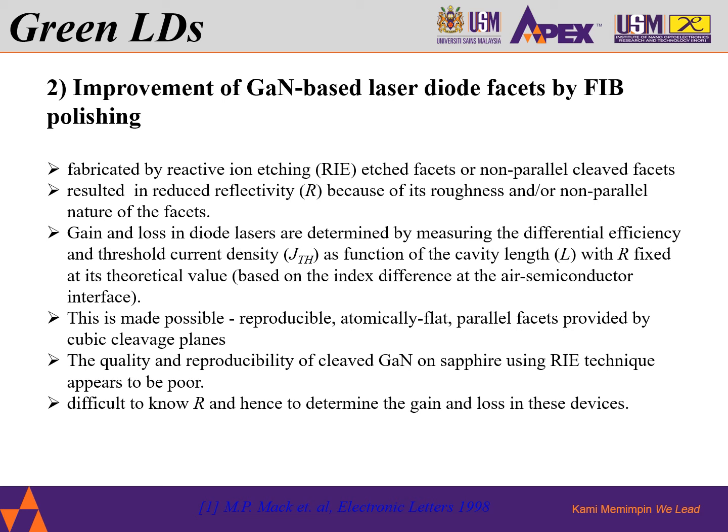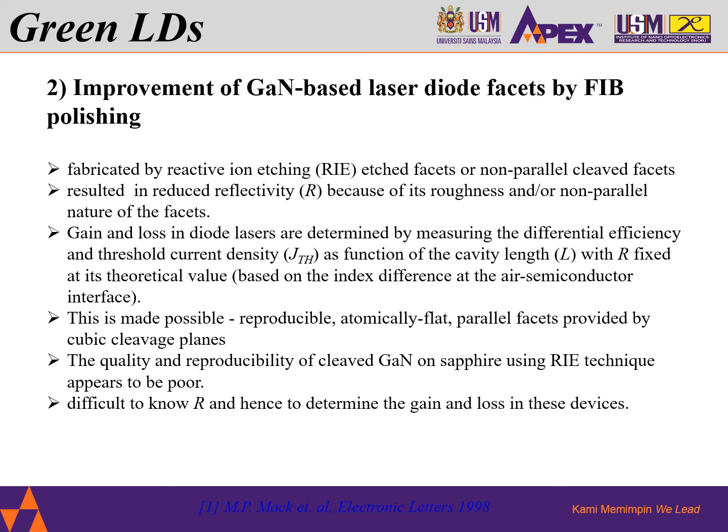Gain and loss in diode lasers are determined by measuring the differential efficiency and threshold current density (JTH) as a function of the cavity length L, with R fixed at its theoretical value. This is based on the index difference at the semiconductor interface.